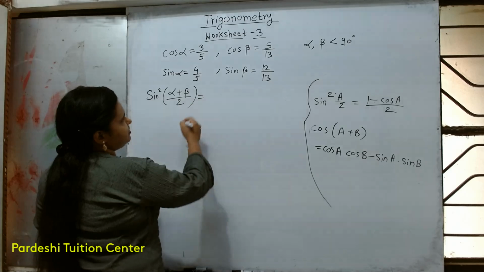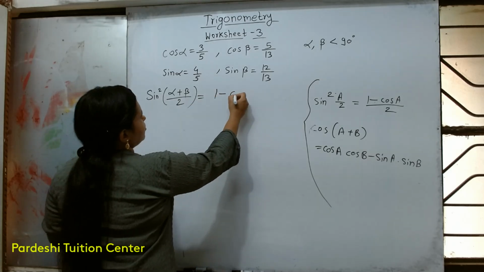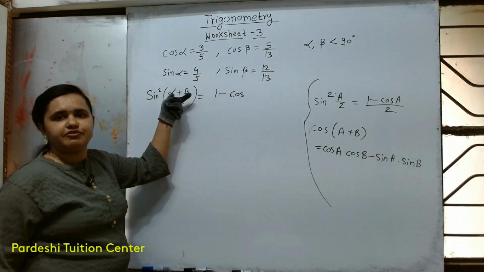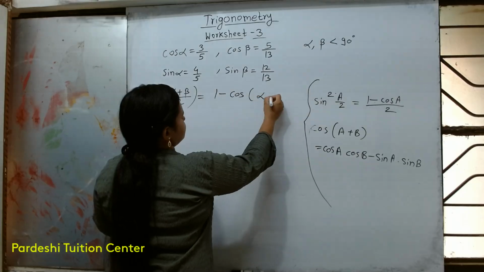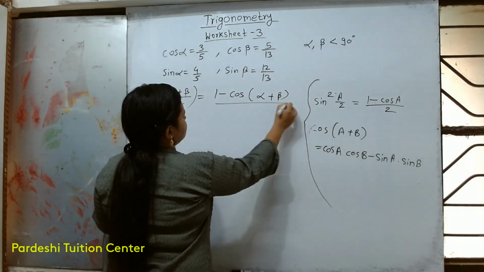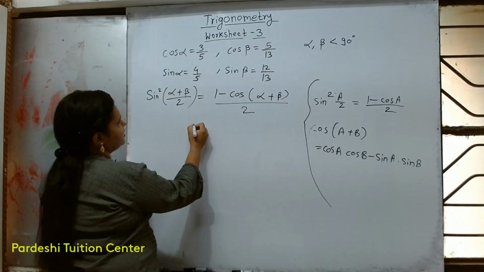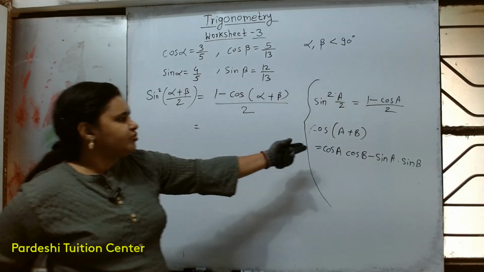So it will be 1 minus cos of A, where A here is alpha plus beta, by 2. Now again this formula is used.